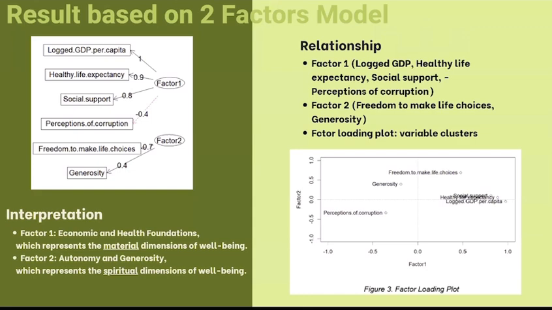And as you can see in this plot, it fits our intuition that factor one is the economic and health foundations, and it represents the material dimensions. And factor two is the autonomy and generosity, which represent the spiritual dimensions. So we're not surprised to see this result, and I think this result definitely makes sense to us.